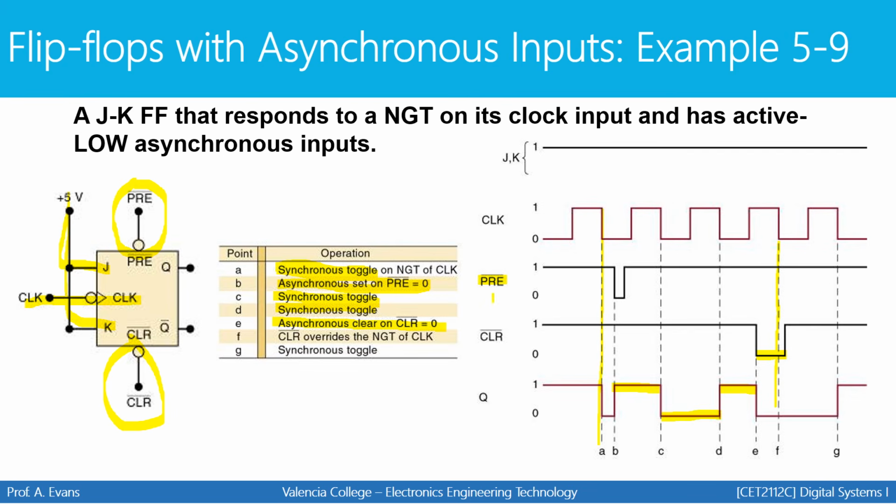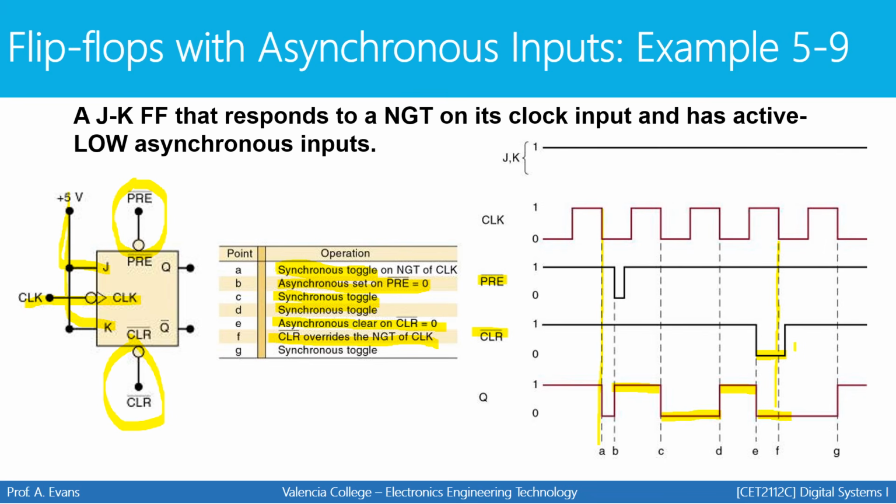These inputs, the pre and the clear, they take precedence. If either one of these is low, the clock signal does not matter. So the clear will override the clock signal at point F. And nothing is going to happen because this is overriding everything.